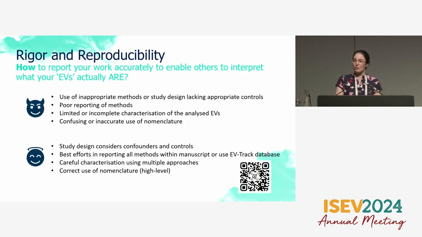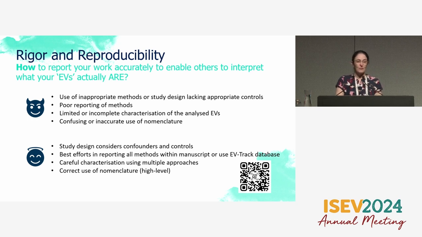So, how do we report our work accurately to enable others to interpret what the EVs actually are? So, we want to avoid being the little devil here, and we want to try and be the angel. And the angel will use a study design that thinks about confounders, that will keep suitable controls. They will put best efforts, and it's always best efforts because we have limitations in publication lengths, but best efforts in reporting all methods within the manuscript.